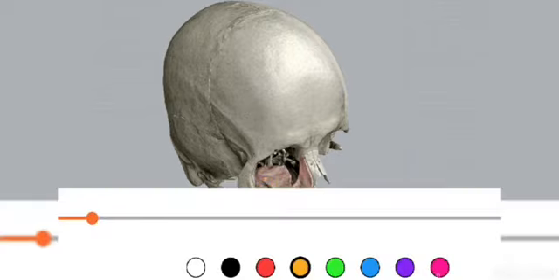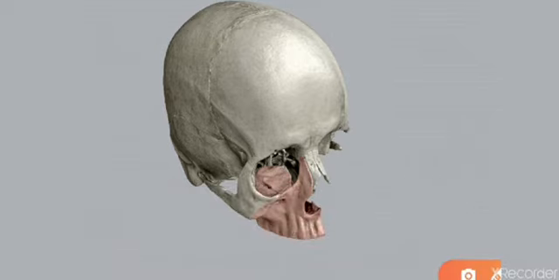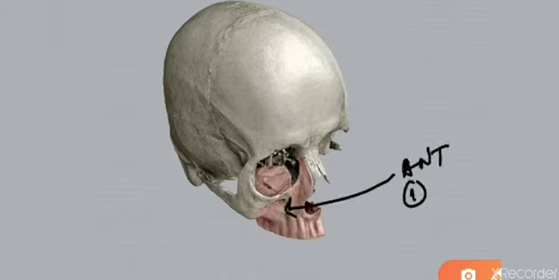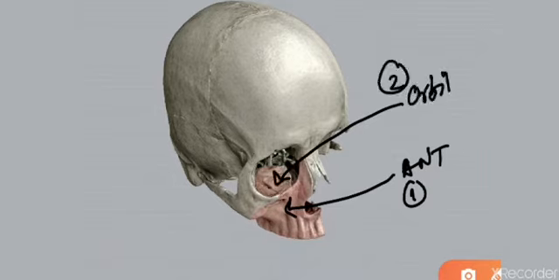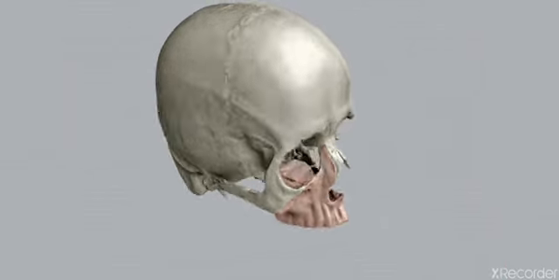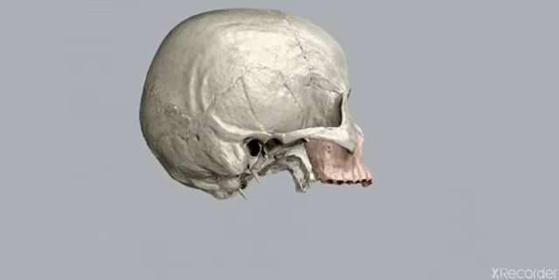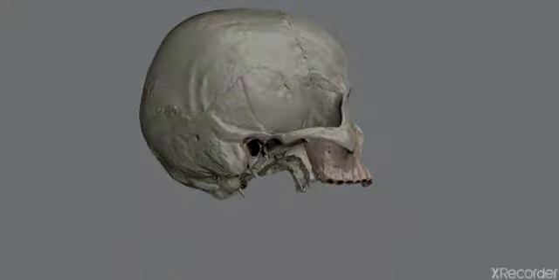What are the surfaces of the maxilla? Let me tell you once again. First of all is the anterior surface. This one is the anterior surface, number one. Number two, this is the orbital surface. There are two surfaces of maxilla already. Now we are coming to the 3 and 4. This is the number 3 surface.